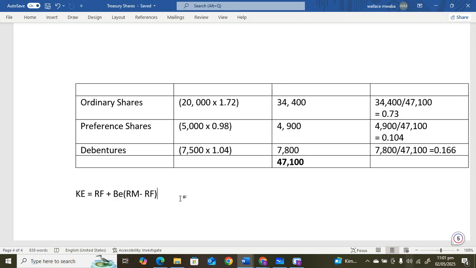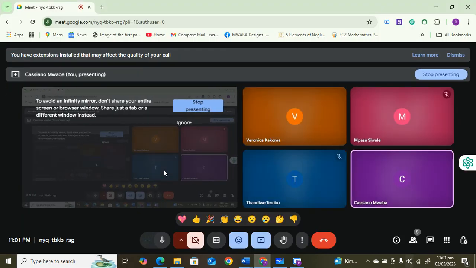So since it's risk-free, you expect low returns, right, colleagues? Don't expect to get rich, because if you want high returns, you have to go for riskier securities.